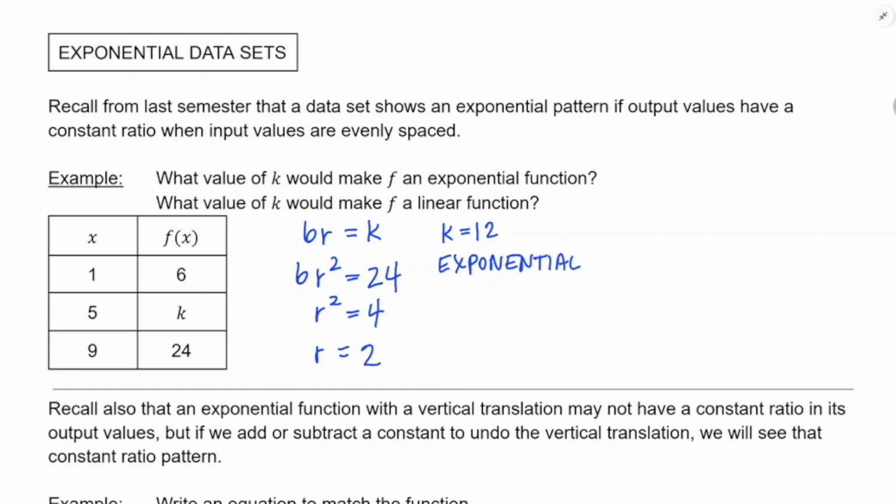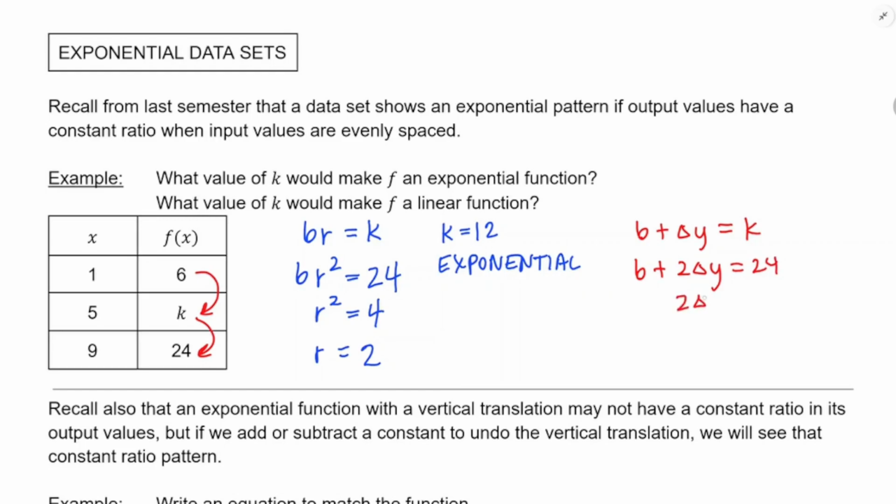Okay, but if we want it to be linear, we need to increase by the same amount each time. 6 plus delta y equals k, and then 6 plus 2 delta y's is going to equal 24.